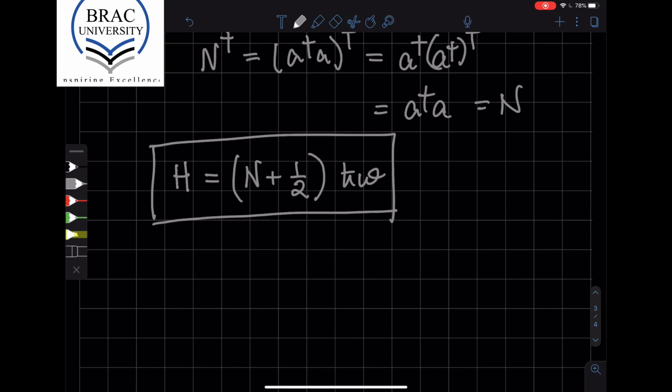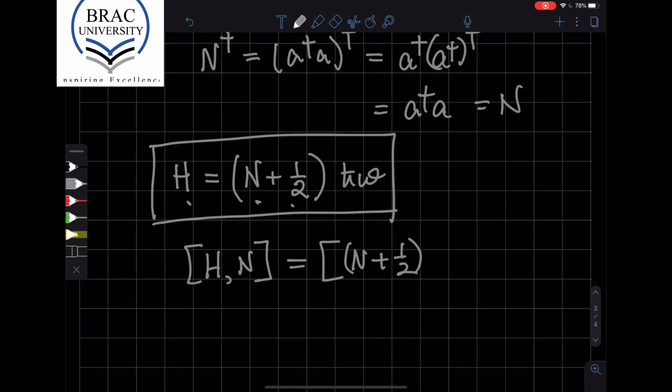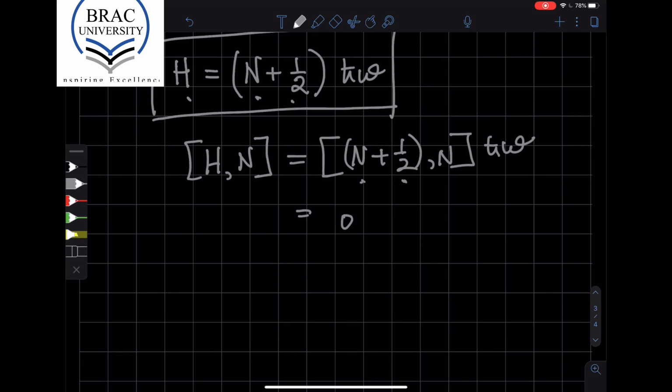Also, because H is just n plus some constant, it's easy to see that H and n commute with each other, because H is nothing but n plus half times a constant, which we can factor out of the commutator. This term is just a number, so it will commute with n, and of course n will commute with itself, so this is 0. So H and n commute with each other.